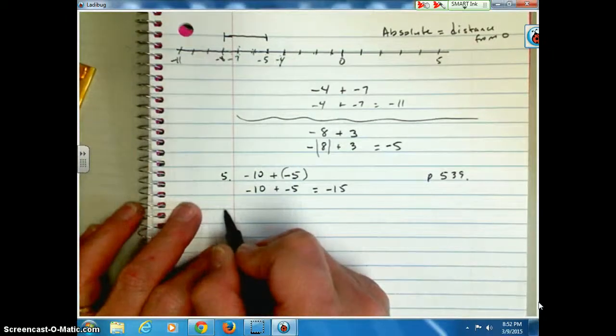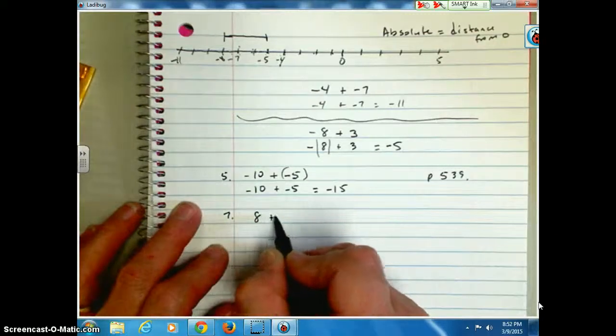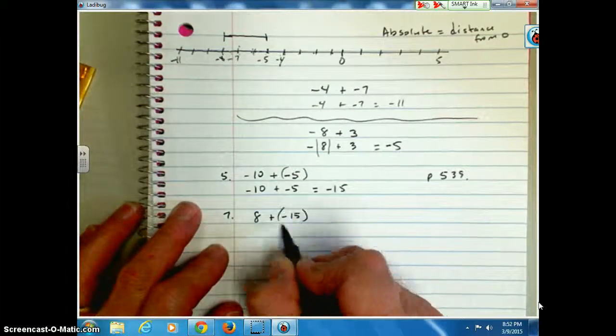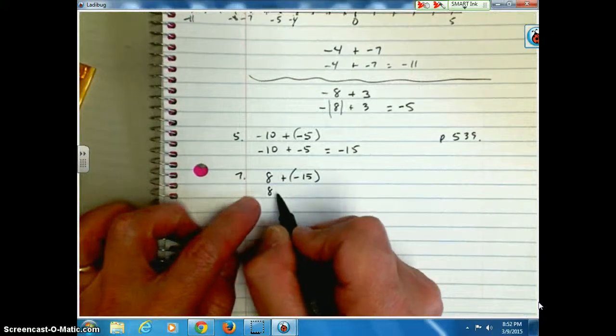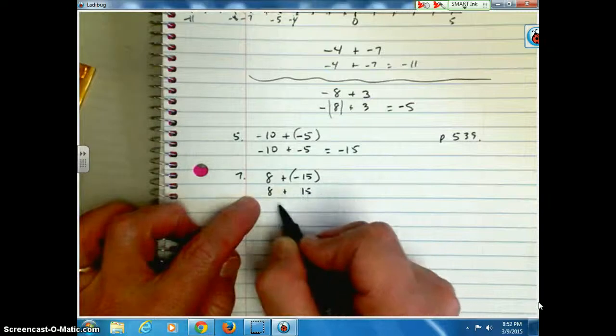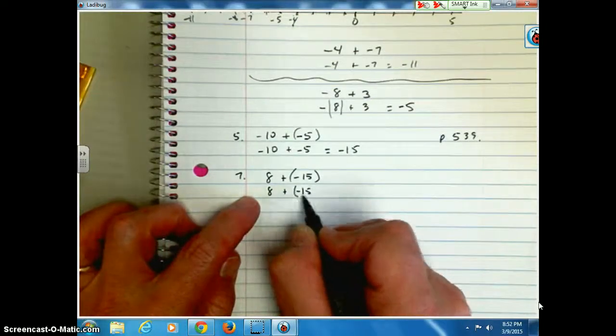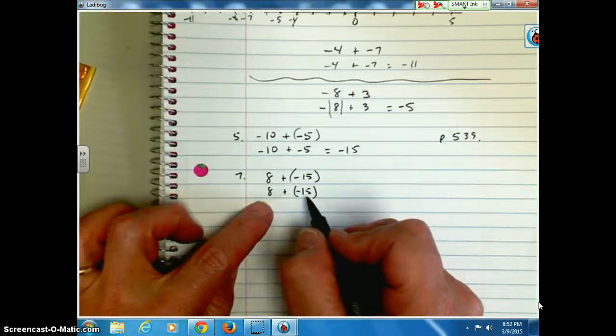Let's go to number 7, where we have positive 8 plus a negative 15. In this case, 8 is, of course, 8 away from 0 on the positive side, and we have negative 15, which is 15 away from 0 on the negative side. But the negative number is bigger than the positive number.